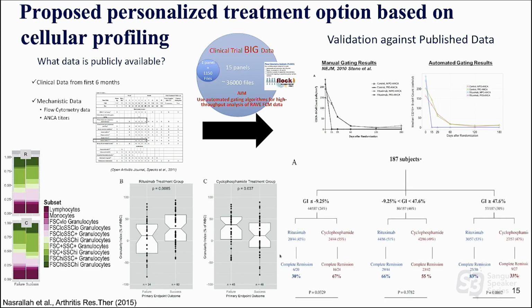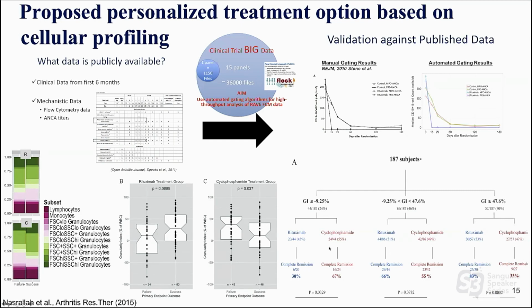And so with these 187 subjects, we were able to partition them. As you can see here, the GI index, and look at the rituximab and cyclophosphamide groups. Basically, this is more of a personalized treatment option based on cellular profiling and substudying the groups.